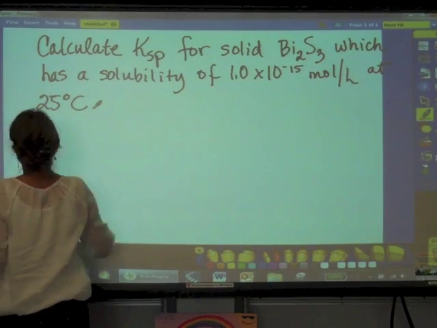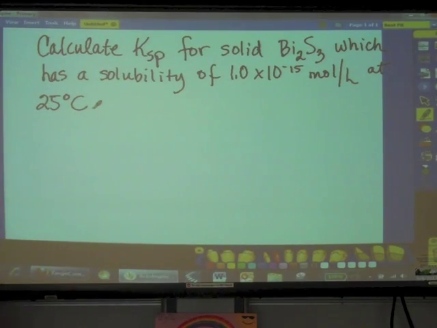Okay, so one of the hard things, or one of the different things about working Ksp problems, so solubility problems, is the vocabulary, is the jargon. So what do all of these things mean? As we go through this problem, hopefully some things are going to be able to come clear.